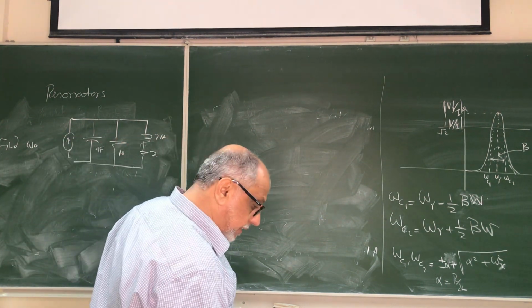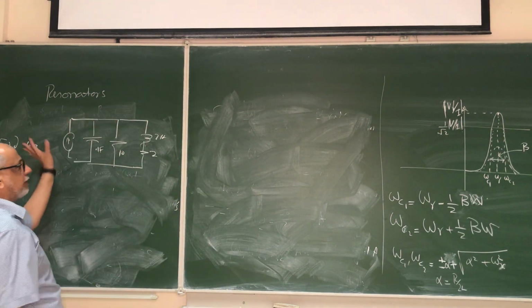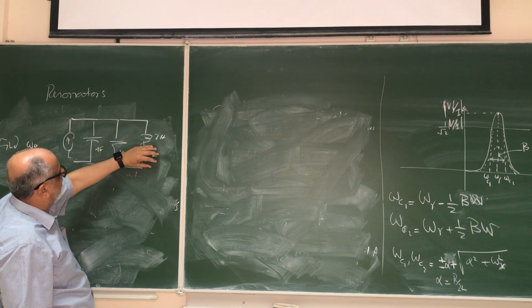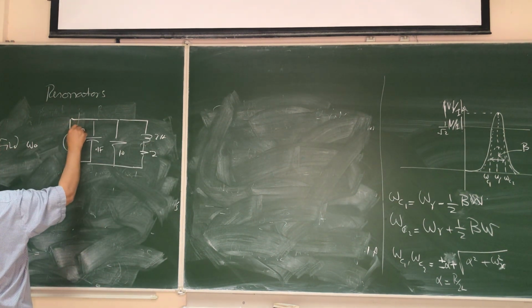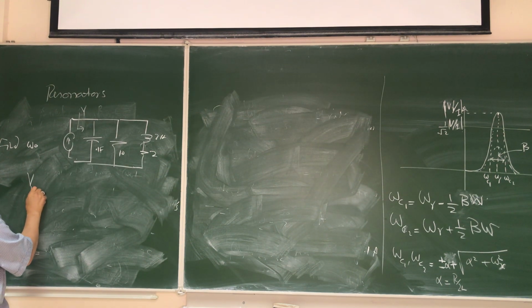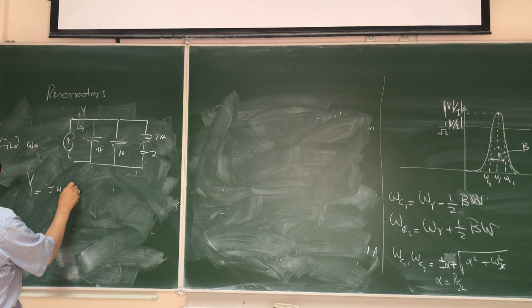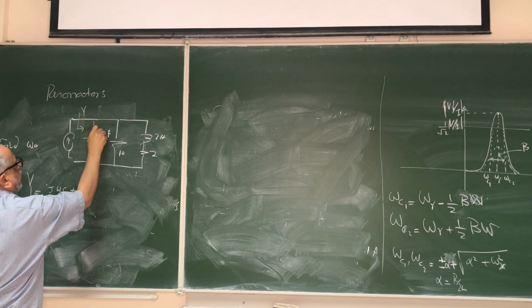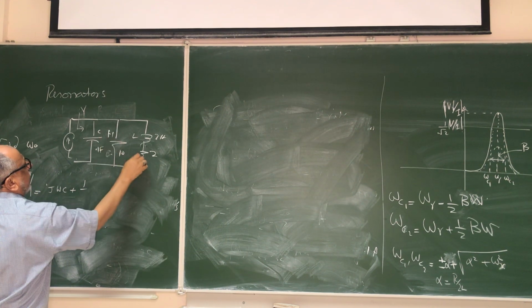Now we cannot simply say that omega naught is 1 over root LC, because this is not a pure parallel or series circuit, because we have this 2 ohms resistor here. So in this case, we have to find Y. You can find Z if you like, but since they are in parallel, you can find Y. So we can say Y is equal to j omega C plus 1 over R. Let's call this R1, and this is R2.